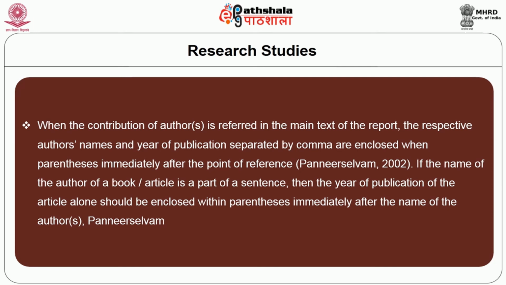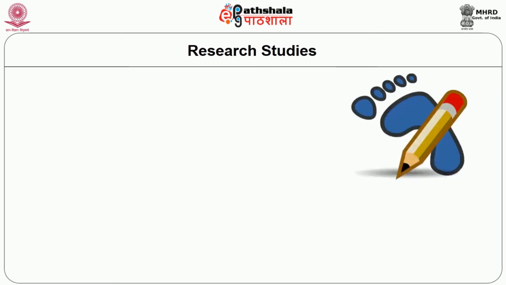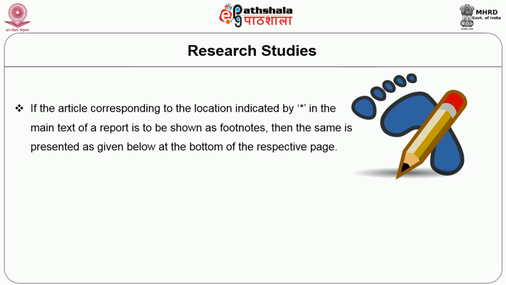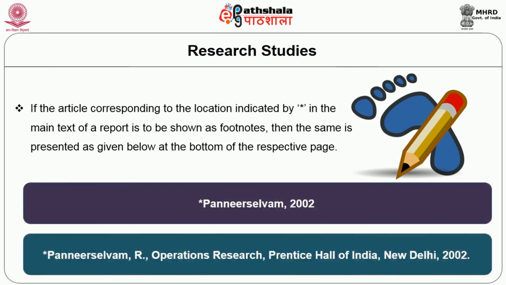The example is given. If the article corresponding to the location indicated by a star in the main text of a report is to be shown as a footnote, then it is presented as given below at the bottom of the respective page. The example is given below.